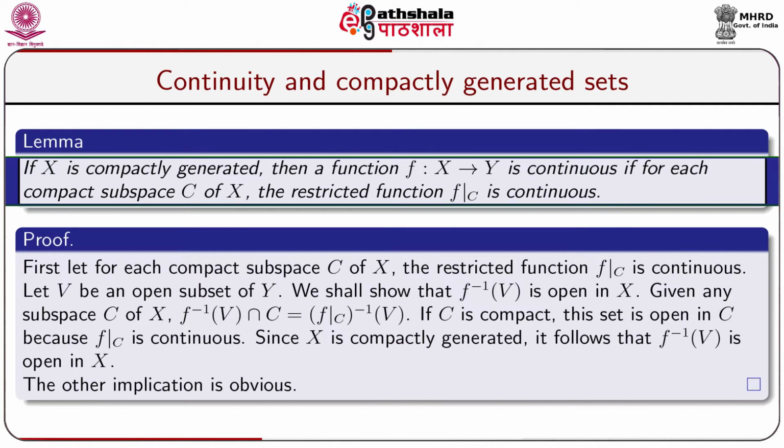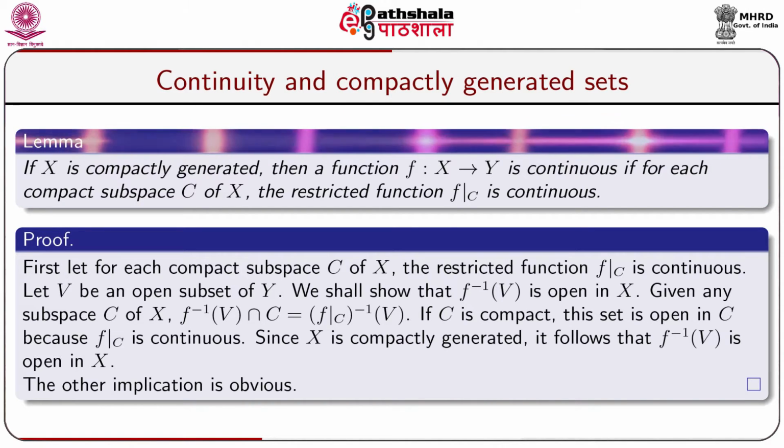If X is a compactly generated space, then a function f from X to Y is continuous if for each compact subspace C of X, the restricted function f on C is continuous. That means if each function restricted on a compact subset is continuous, then f is continuous.